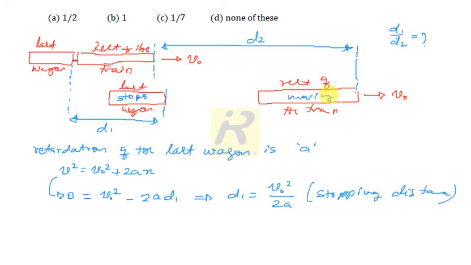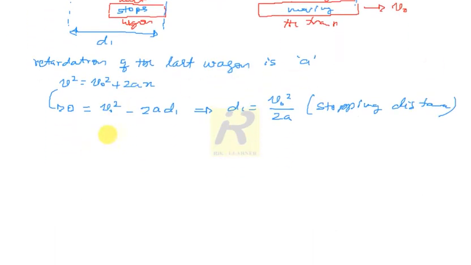And remember, the remaining part of the train is still moving with constant speed v0. For the remaining part of the train, I can simply use v0 equals d2 divided by t, because this is moving with constant speed.